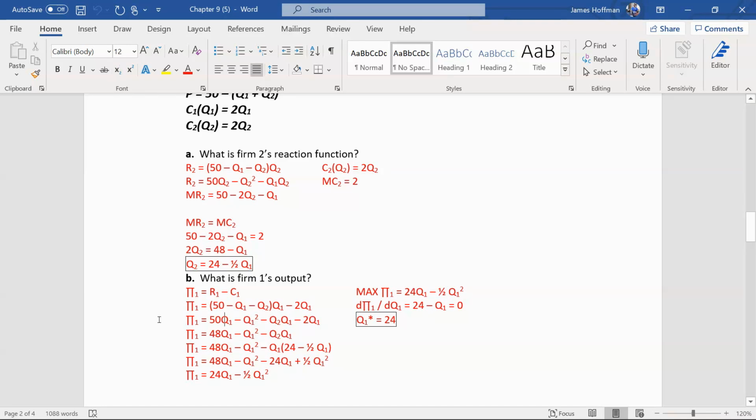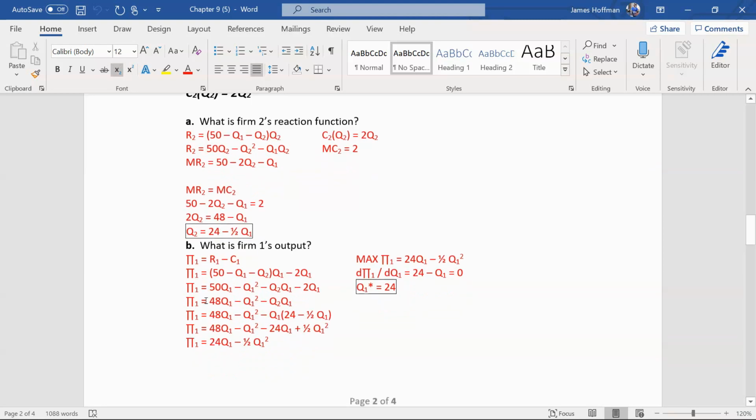50 Q1 minus Q1 squared minus Q2 Q1 minus 2 Q1, and then just combine the Q1 terms, and you get 48 Q1 minus Q1 squared minus Q2 Q1.